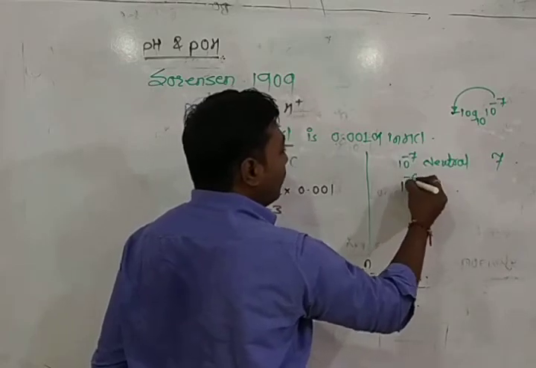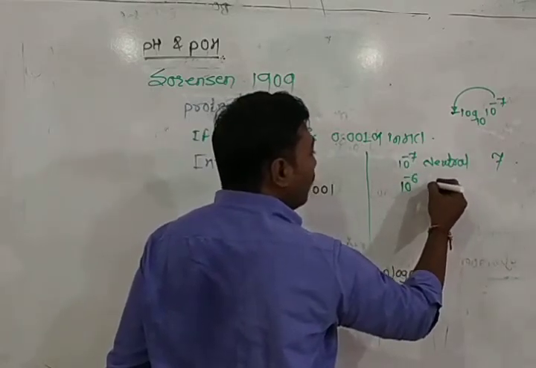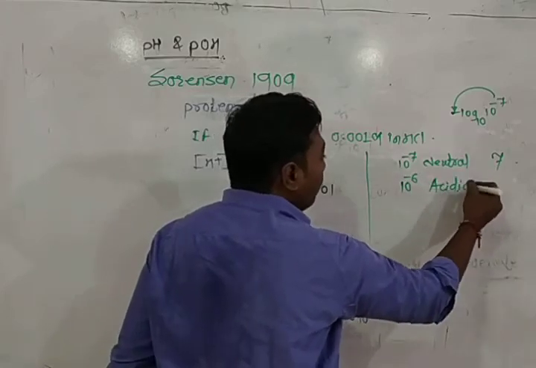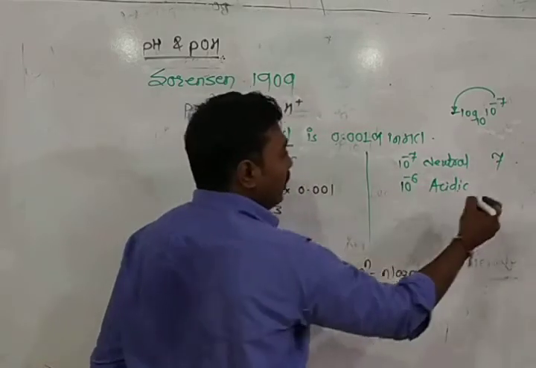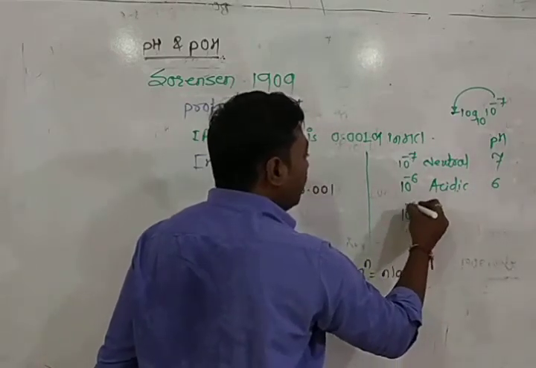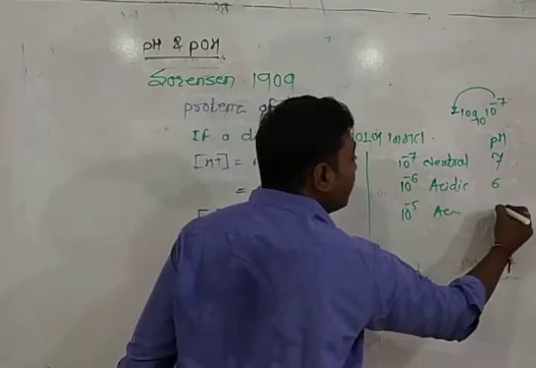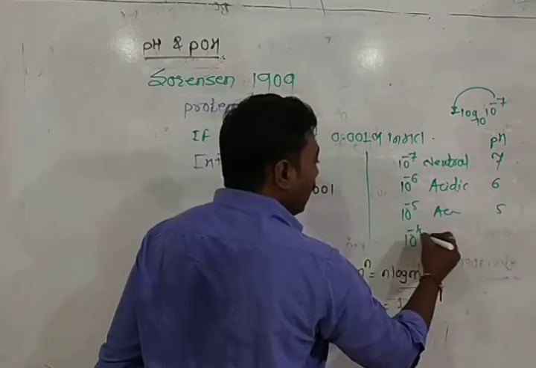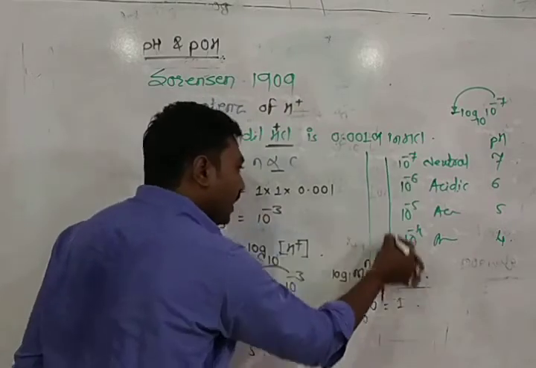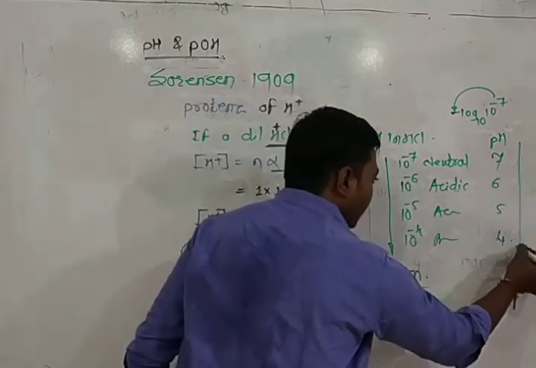For minus 6, is it acidic or basic? Acidic, because minus 6 is greater than minus 7, so the pH is 6. For this, acidic, pH is 5. For this also acidic, pH is 4. In this way, if the concentration increases, pH decreases.